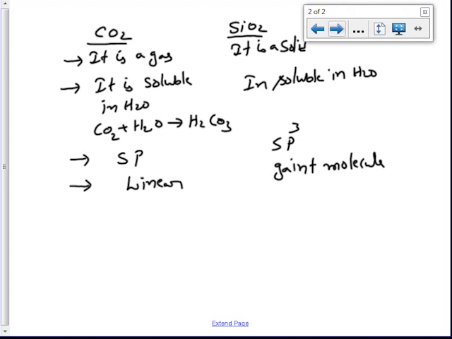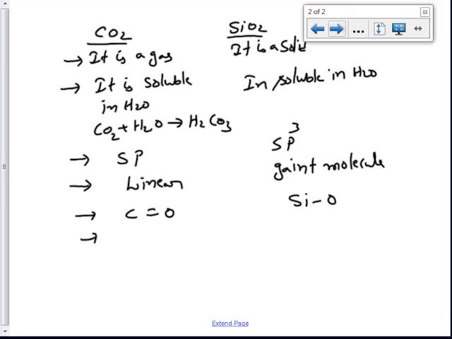Each silicon is surrounded by other oxygens. In CO2 multiple double bonds are present. Carbon oxygen bond is a double bond, but in SiO2 the silicon oxygen bond is a single bond. Already I told you CO2 is a gas. Gas means weak forces are operating between the molecules, one carbon dioxide and another carbon dioxide molecule.